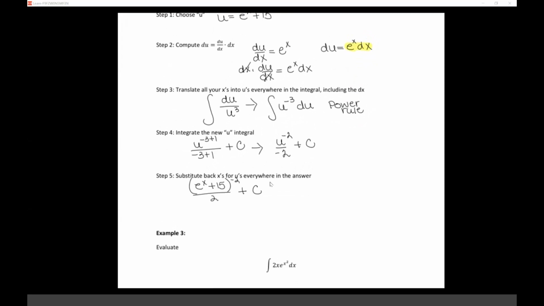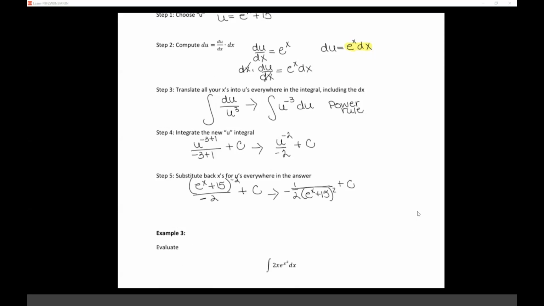This -2 would put this expression in the denominator with an exponent of 2. What would be left in the numerator? Well, a 1. And by the way, this is a -2. So I'd have -1/2, and then e to the x plus 15 squared, plus c.